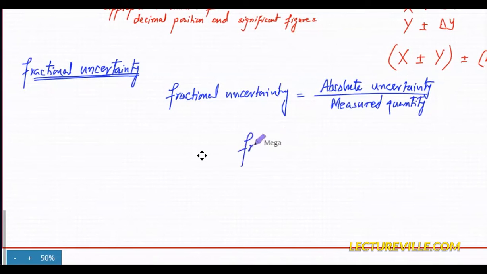So fractional uncertainty is delta Q over Q.